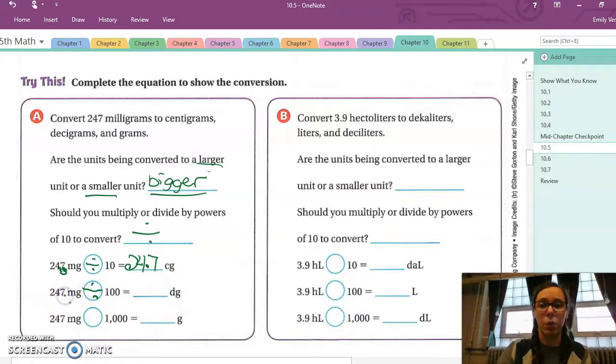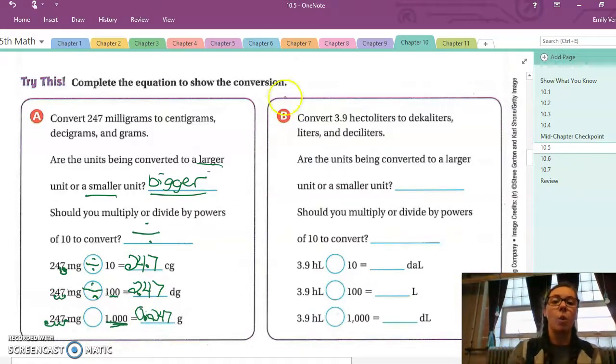Here's my decimal point. Divide by 100, there's 2 zeros. 1, 2. Look where my decimal point is now. 2.47. And then one final one, here's my decimal at the back. I'm going milligrams to grams, which is 1,000, and there's 3 zeros. 1, 2, 3. 0.247 grams.